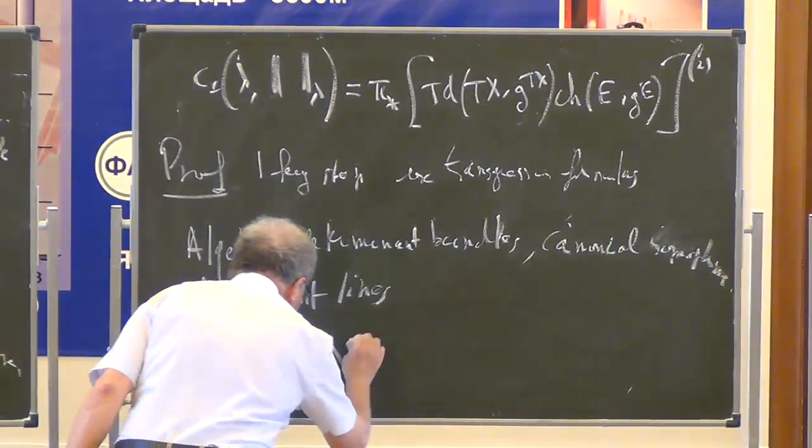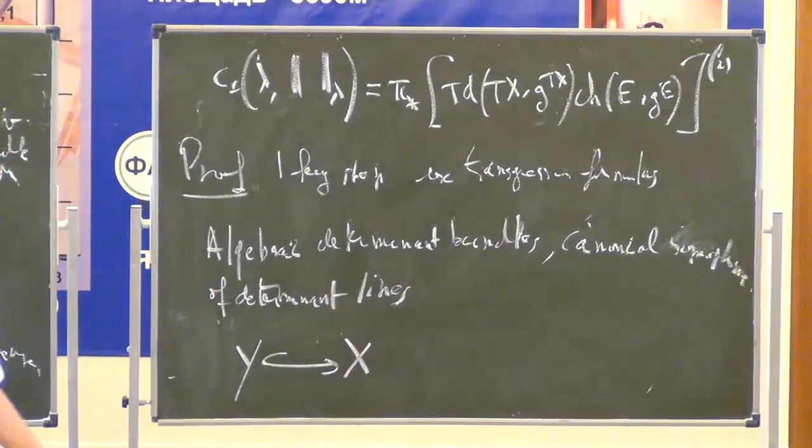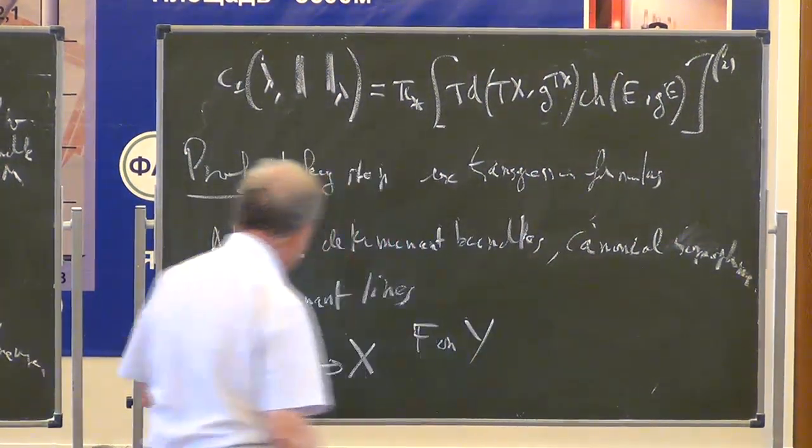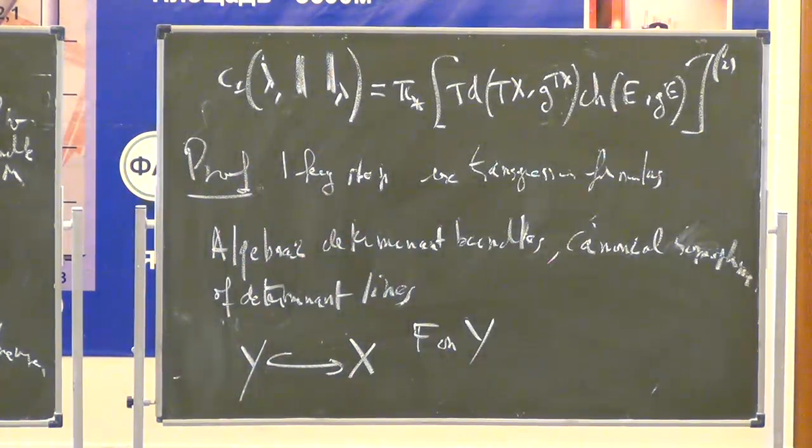You take an embedding of projective manifolds. You take a vector bundle F on Y. Then, because of projectivity, you can resolve the vector bundle on Y by a complex of vector bundles on X. Okay, this is K-theory now.